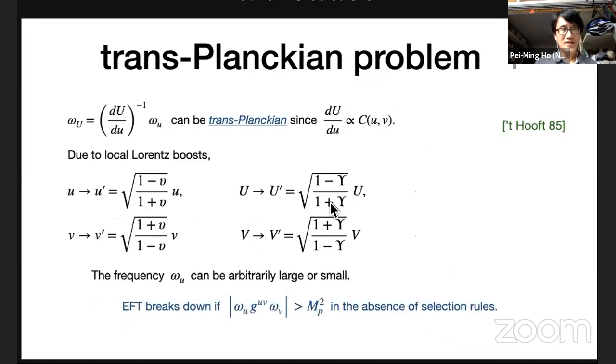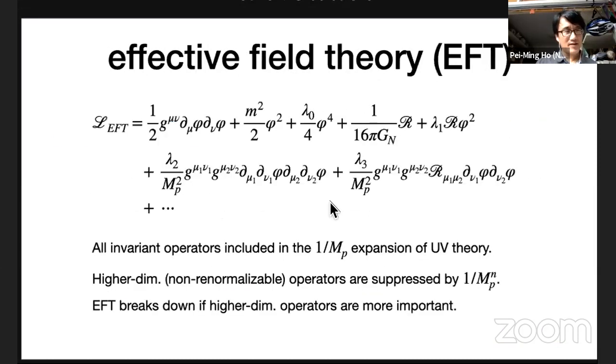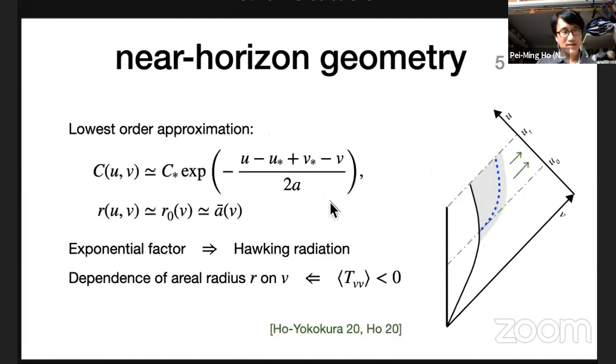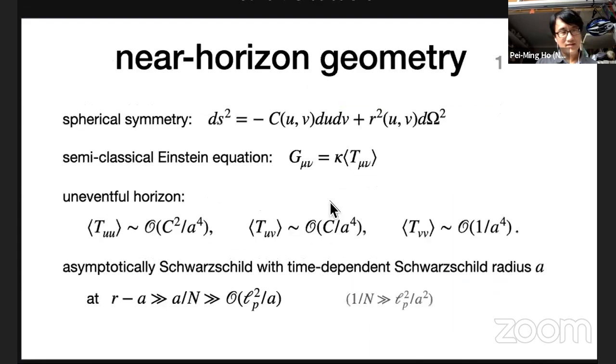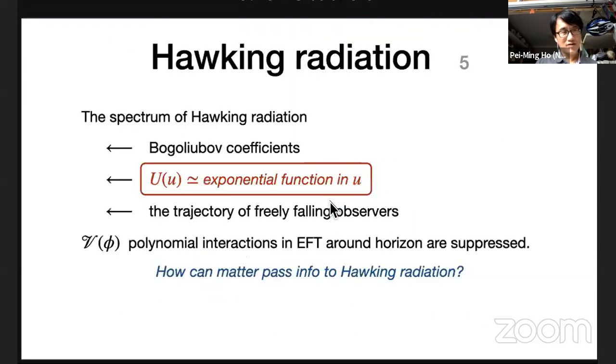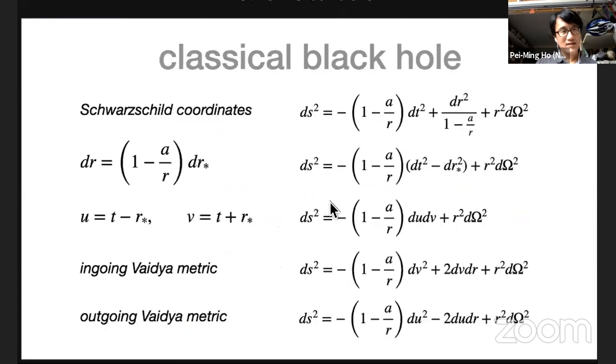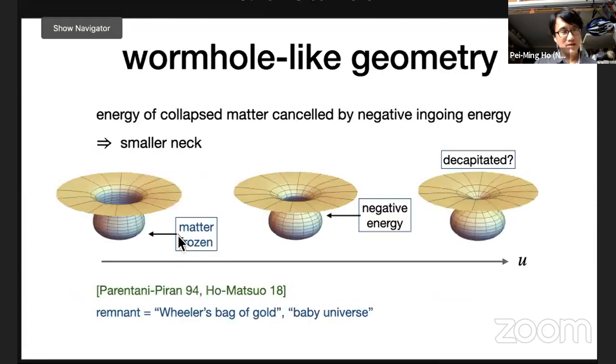Yes. Oh yeah, so the first one people quote is the one by Parentani and Perrin. So actually there they have already confirmed this picture. You have this Parentani-Perrin paper in '94.